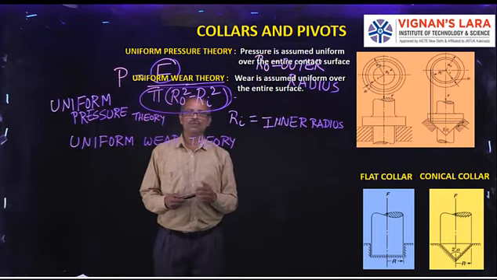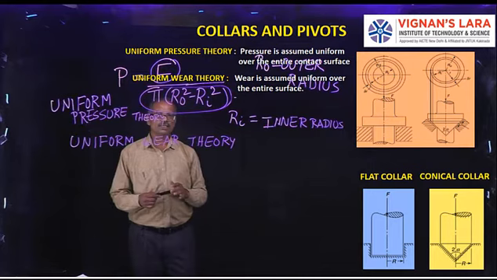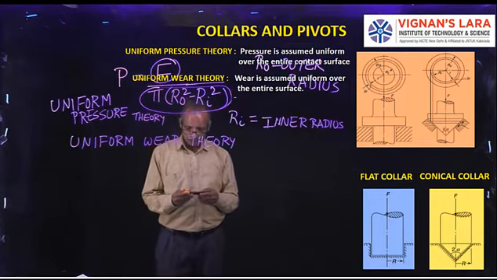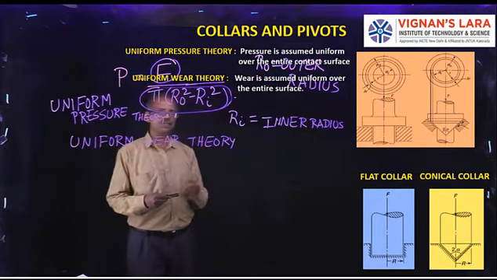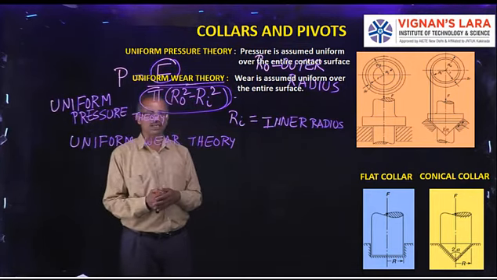Then what about uniform wear theory? It is assumed the wear is uniform over the entire surface area. For this, I will give you a simple general concept so that you will be very clear.